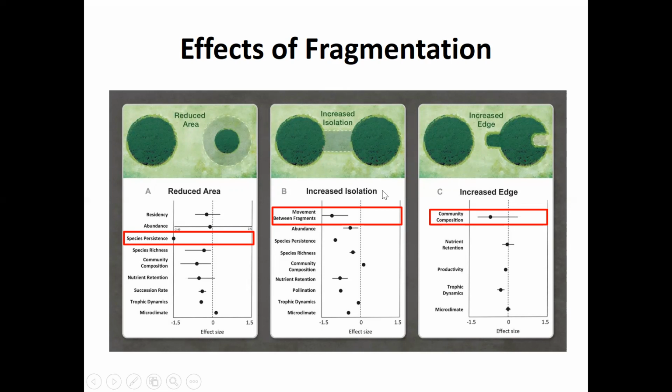A second major effect of habitat fragmentation is that there's increased isolation, okay? Previously, you had an area that was continuous. Animals could move through it without having to navigate lower quality spaces, okay?